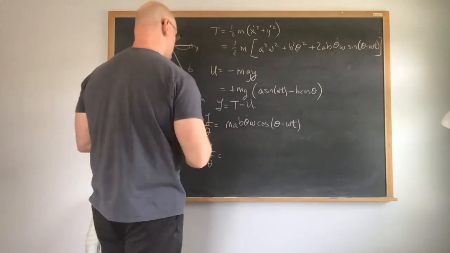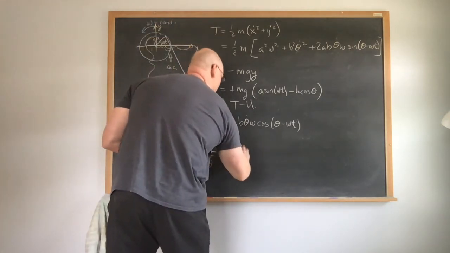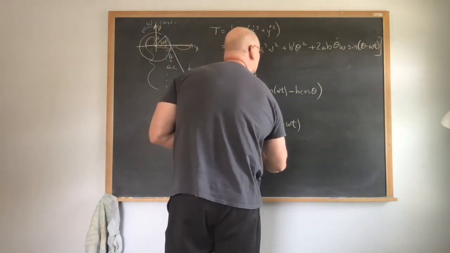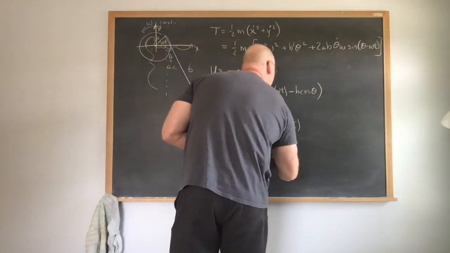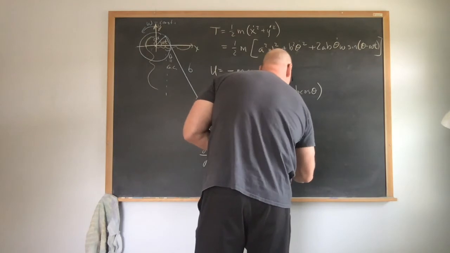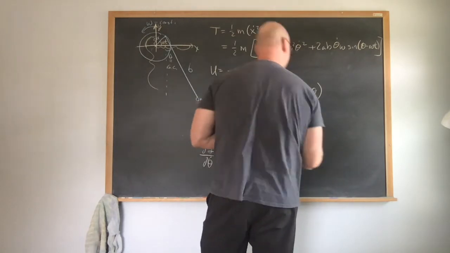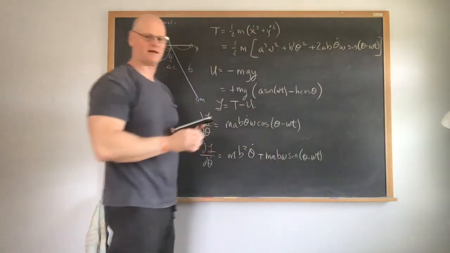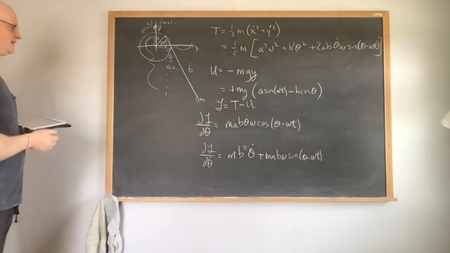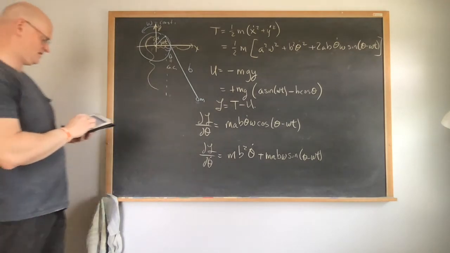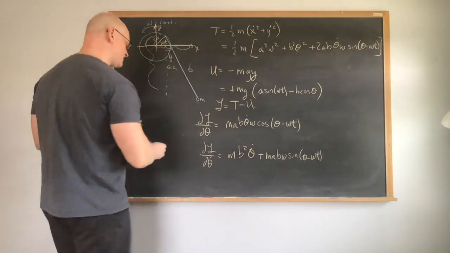Good. So this is going to be the same thing as m times b squared theta dot plus m times a b times omega times sine of theta minus omega t, because in this case this theta dot is just simply going to go away. So finally, here we can now take a derivative of this guy.